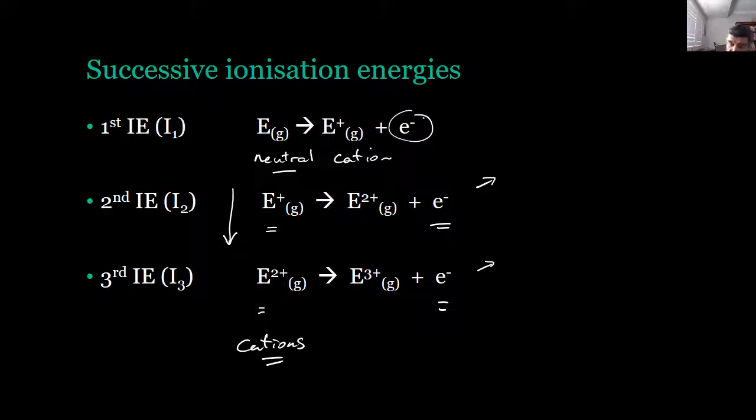Something else which is important to consider is that we can see some quite significant changes in patterns of ionization energy as we go through the shells. If we pick something like sodium, with electron configuration 2,8,1, the first ionization energy would be removing this electron from here. The second ionization energy would be removing one from the next shell down.